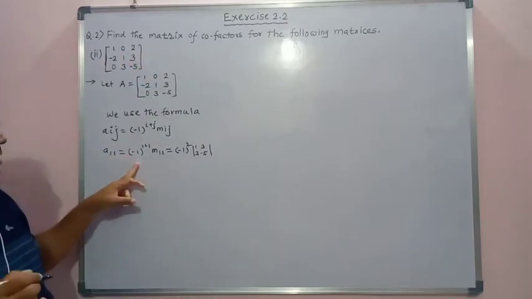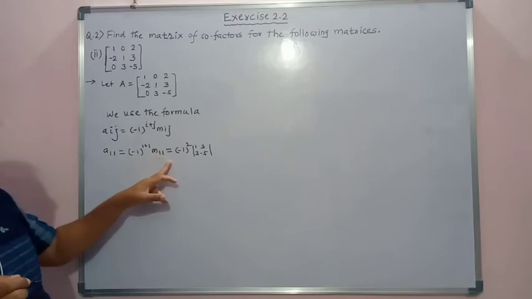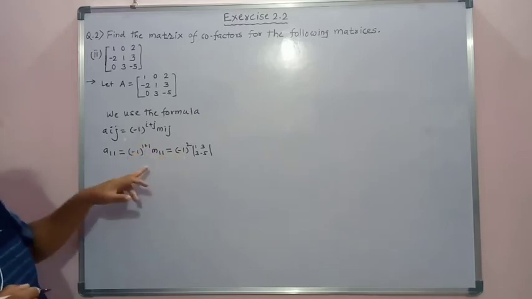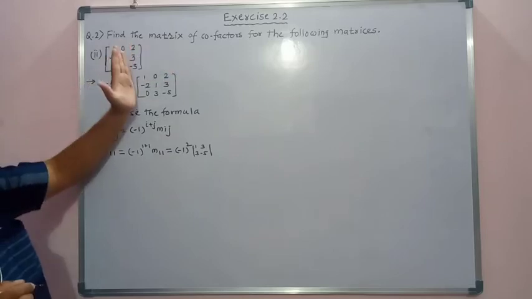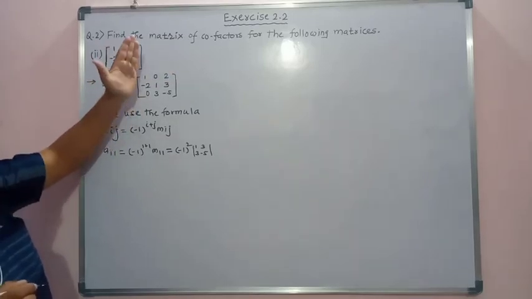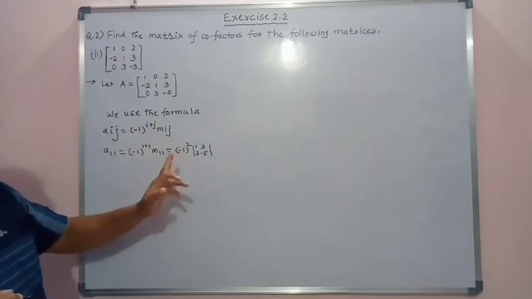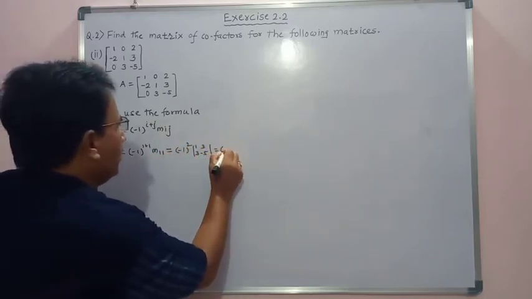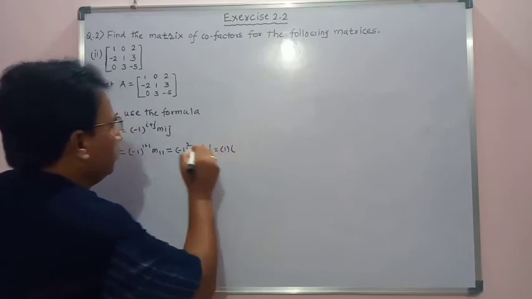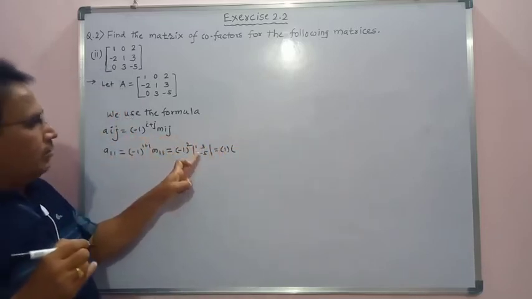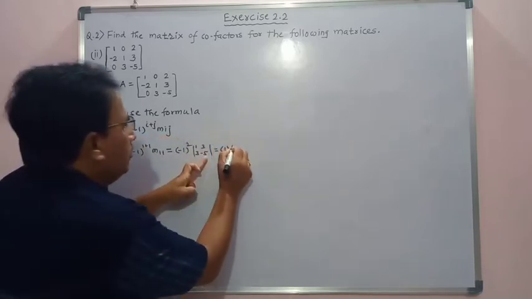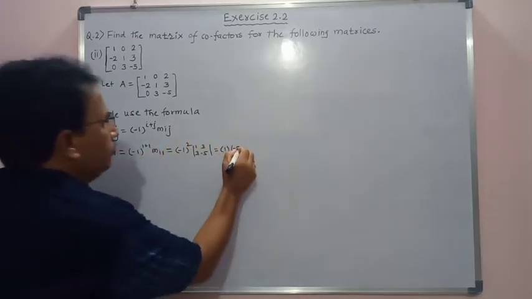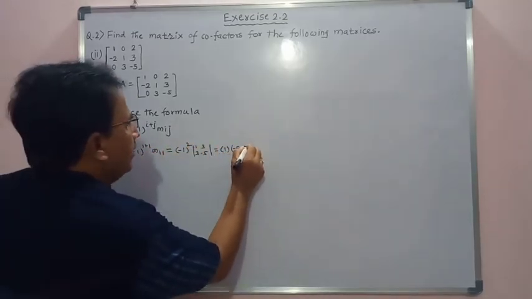The elements left are 1 3, 3 minus 5. Minus 1 squared is plus 1, into the cross product: 1 into minus 5, and in this direction minus 3 into 3, minus 9.